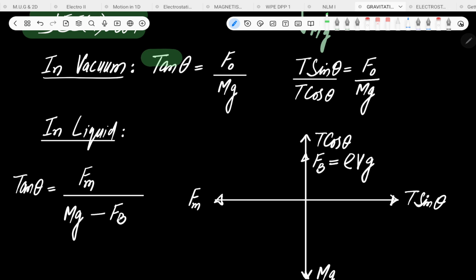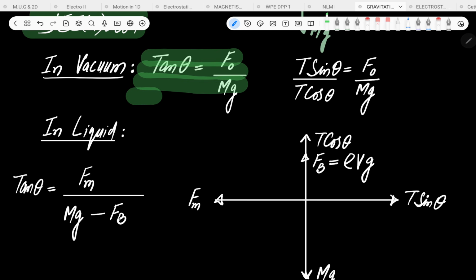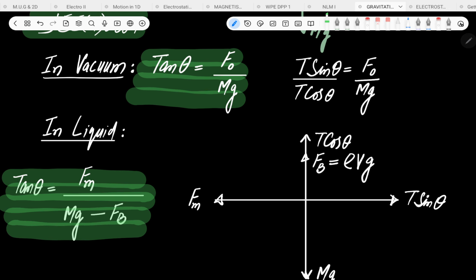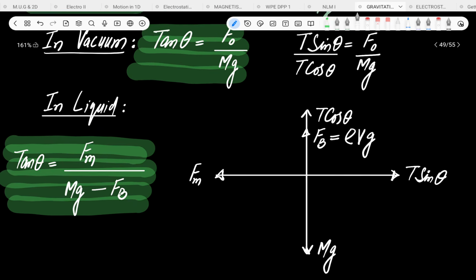So in the vacuum the equation becomes tan theta equals F naught divided by mg, and in the liquid the equation becomes tan theta equals Fm divided by mg minus the buoyant force. Are these two equations clear to you? Now obviously the two equations will be the same.